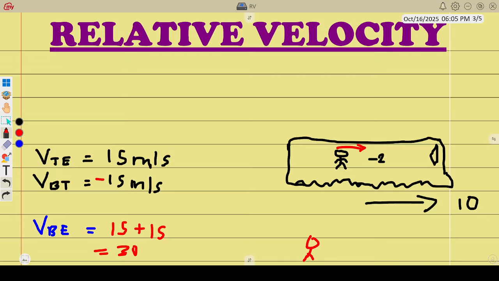This person is looking at the train, and then the person is moving. The train is 10 meters per second, and inside we have a person moving at -2 meters per second.